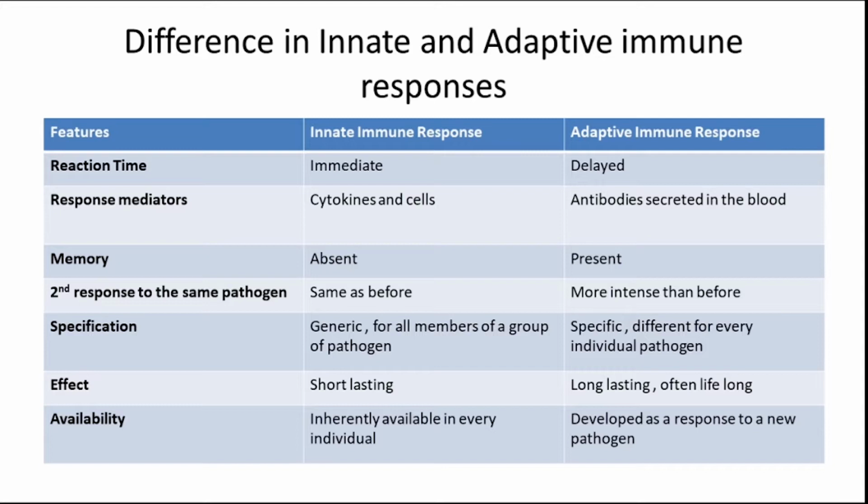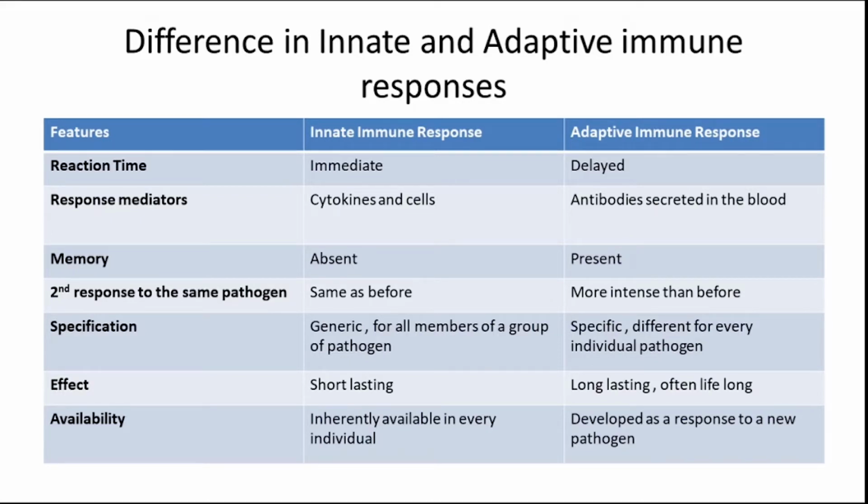These differences can be categorized in certain categories, like reaction time. If we look at the innate immune response, the reaction time is immediate. The moment the pathogen enters the body, the immunity immediately reacts against that pathogen, and that pathogen is either killed or, by some means of the defense mechanism, the body is protected against that pathogen.